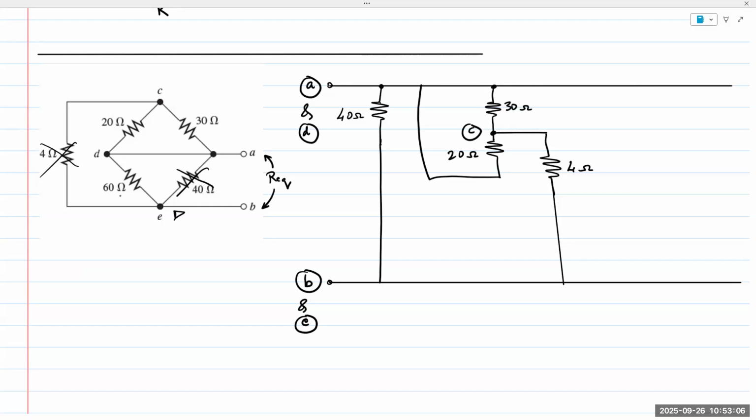At this point, I don't want to analyze the circuit yet. I just want to keep drawing. So it's connected to A, 20 ohms is done. My 30 ohms is also done. The only remaining resistor is 60 ohms. 60 ohms goes from D to E. Where is D?